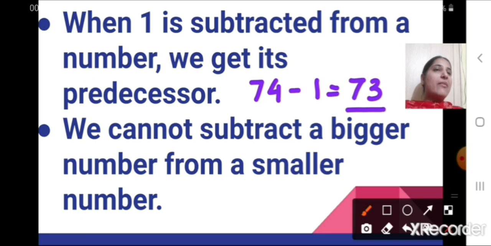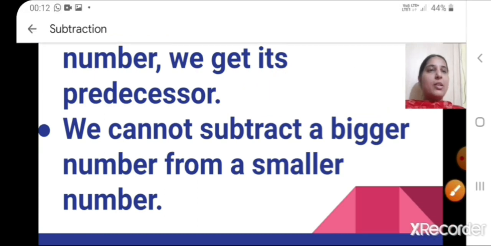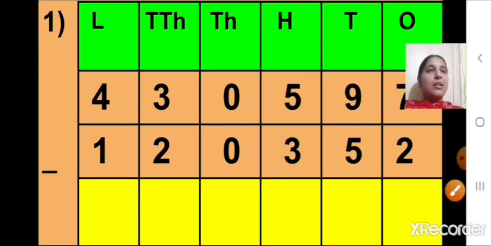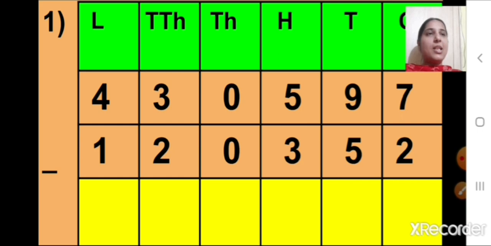So this number 73 will be called the predecessor. Predecessor of what? Predecessor of the number 74. Okay. Then we cannot subtract a bigger number from a smaller number. Okay, children.